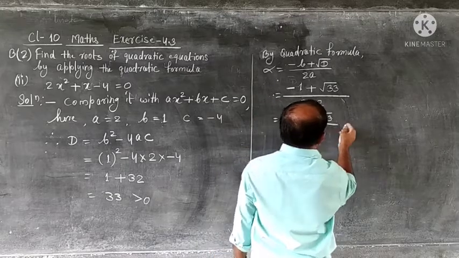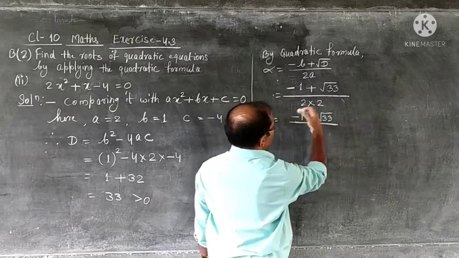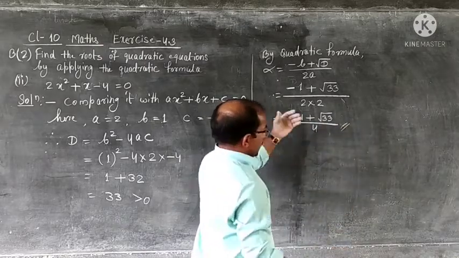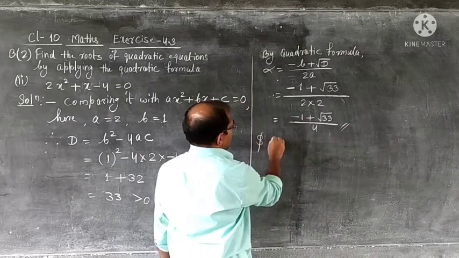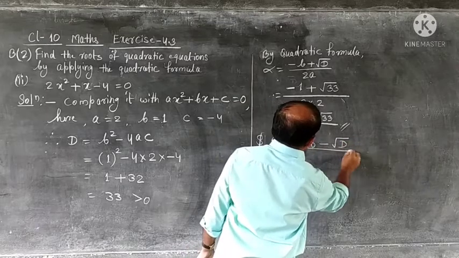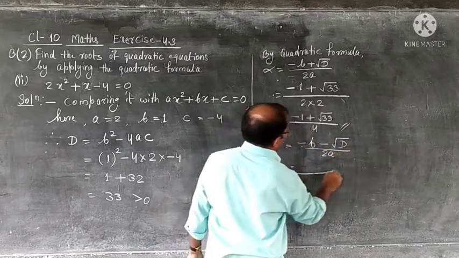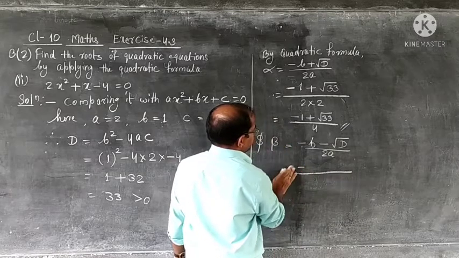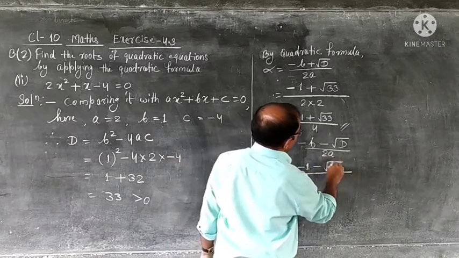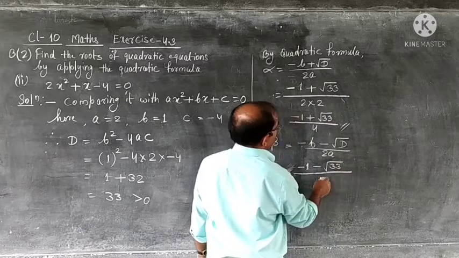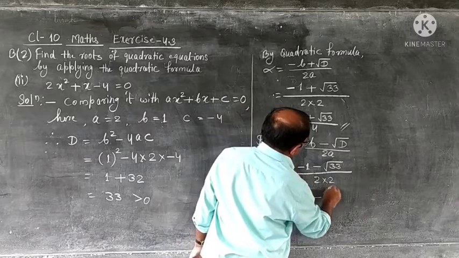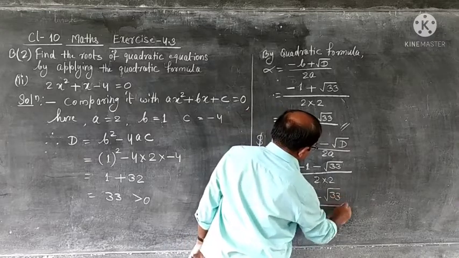We can leave it here, or write root 33 first and then minus 1, it does not make any difference. So, that is the first root, and the second root beta is minus b minus root d by 2a. Here we get minus 1, b is 1, minus root d, that is root 33, by 2a, that is 2 into 2. So, we get minus 1 minus root 33 by 4.